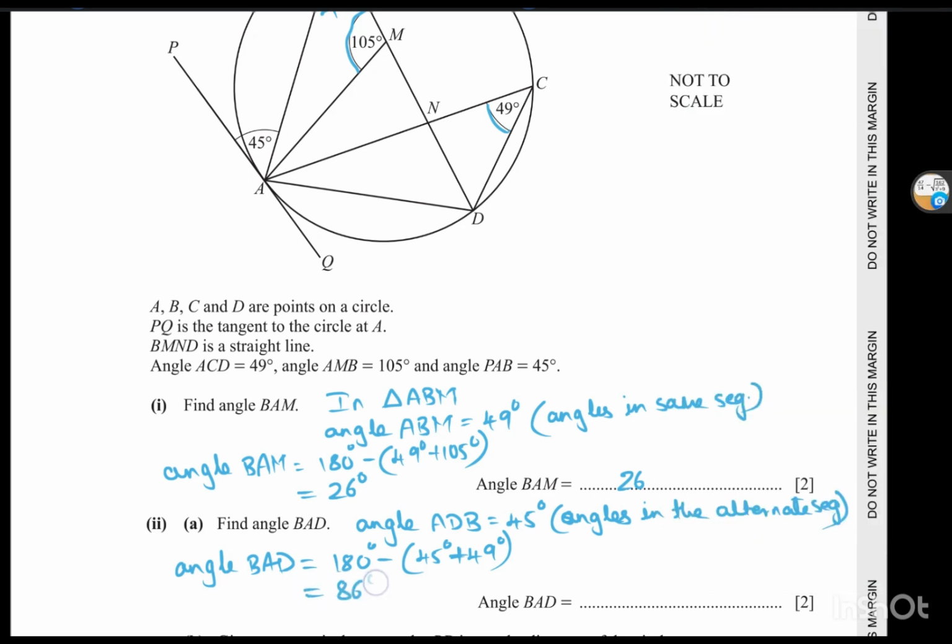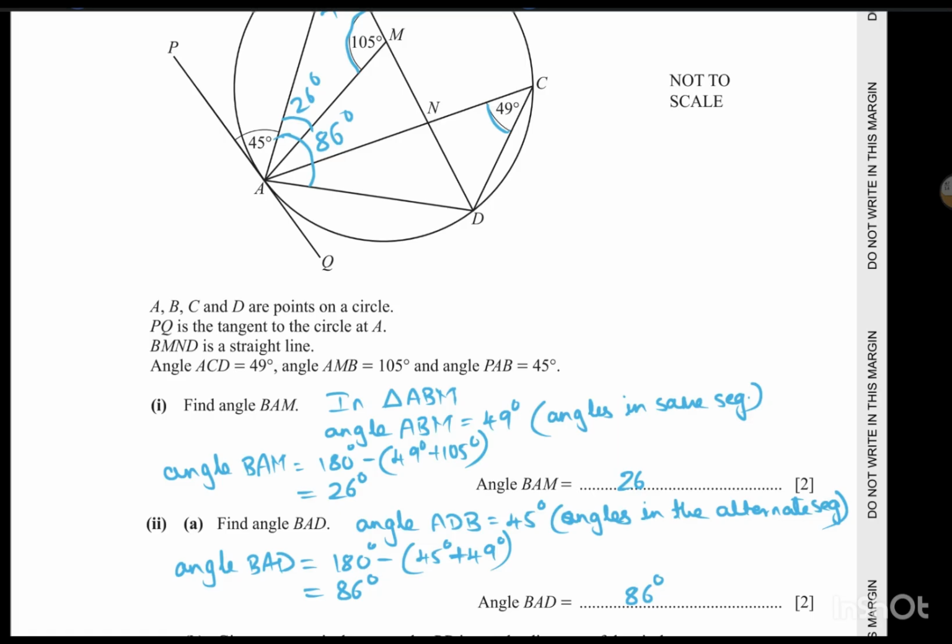So 86 degrees will be angle BAD. So this angle is 86 degrees complete. Earlier we got only 26 for this part, but the complete angle is 86.